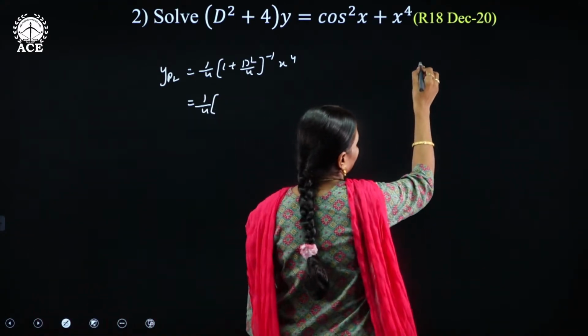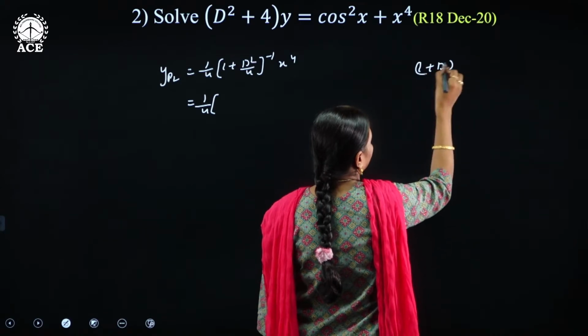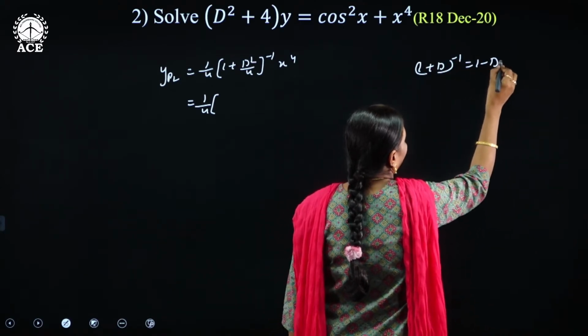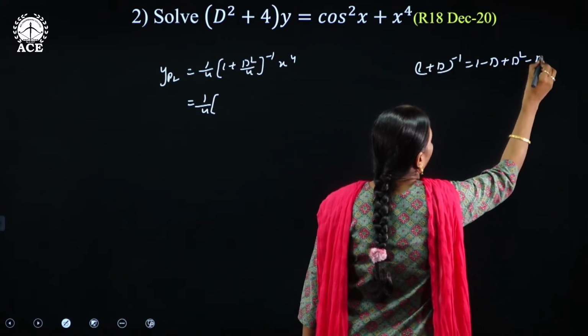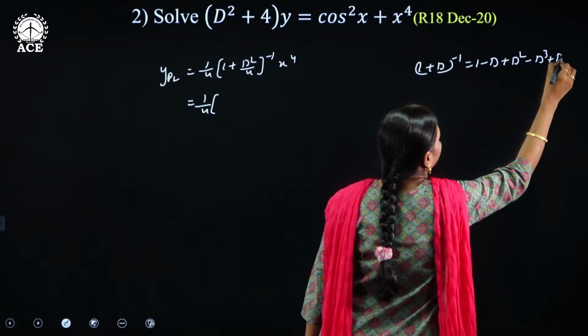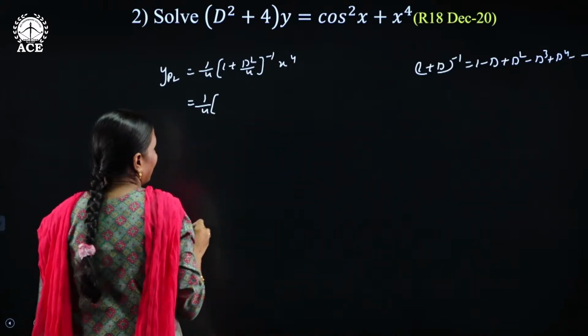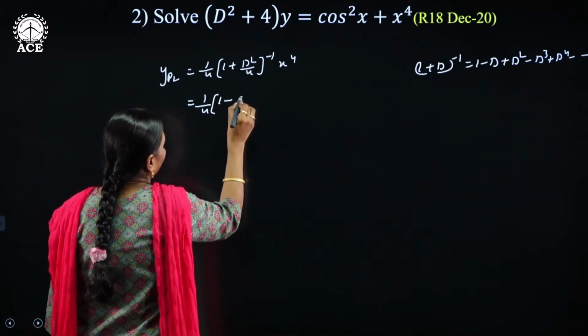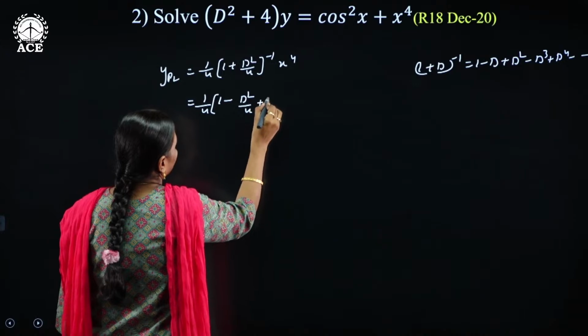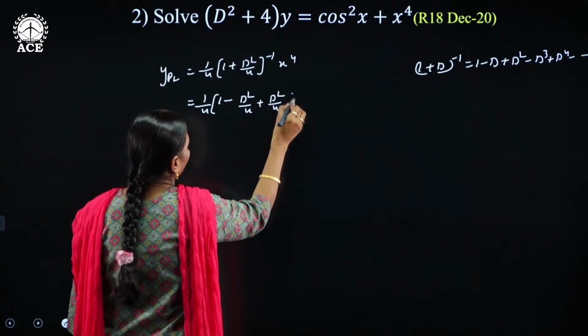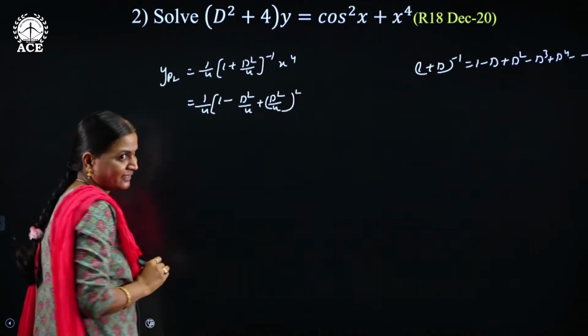What is 1 plus D whole inverse? 1 plus D whole inverse is equal to 1 minus D plus D square minus D cube plus D power 4 minus and so on. So apply that formula: 1 minus D square by 4 plus D square by 4 whole square. No need to take the other terms.